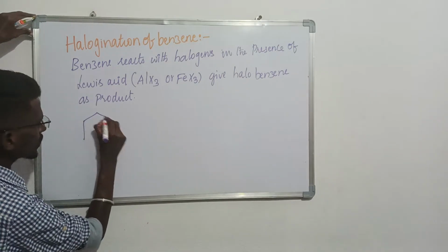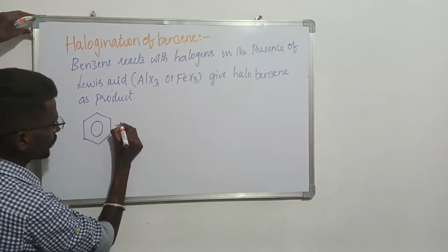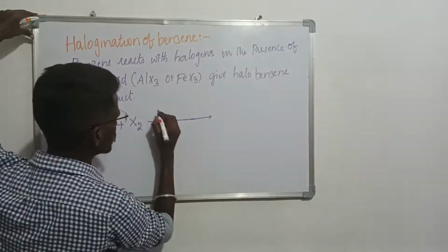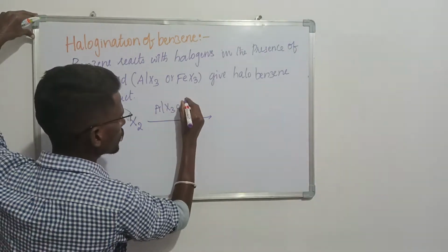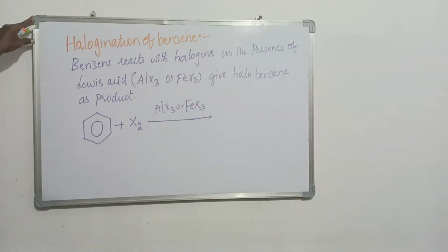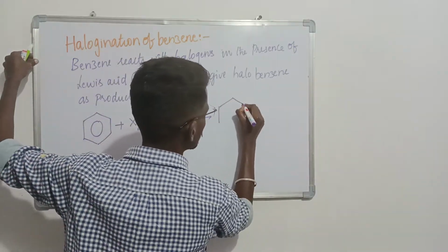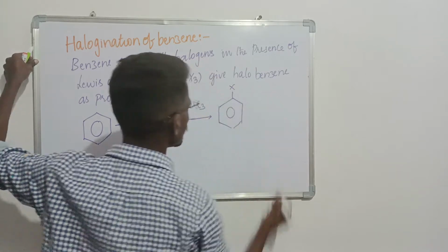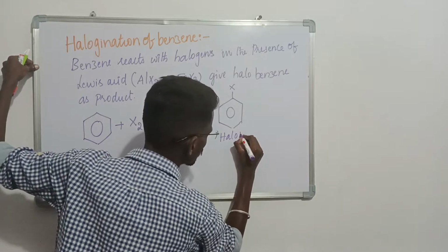So benzene reacts with halogen in the presence of AlX3 or FeX3, which gives halobenzene as a product.